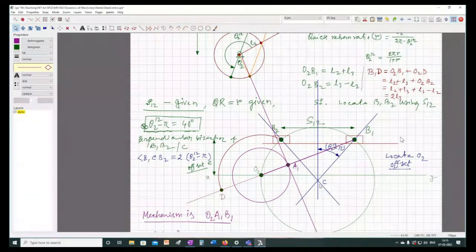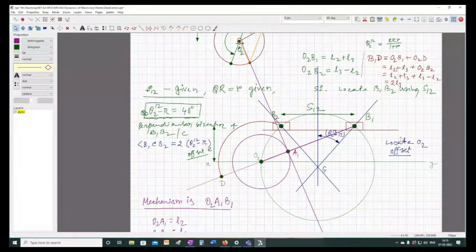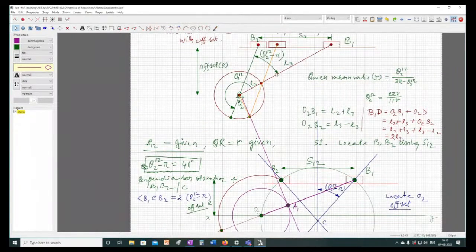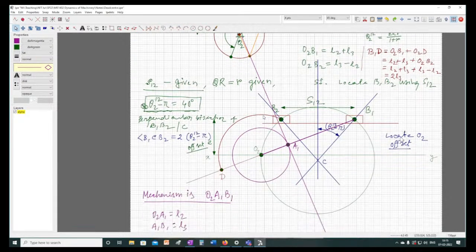On that perpendicular bisector, we got a point C such that angle B1 C B2 is twice the angle B1 O2 B2. Then, after we get this point C, we have the given or assumed offset, and we drew this XY line.